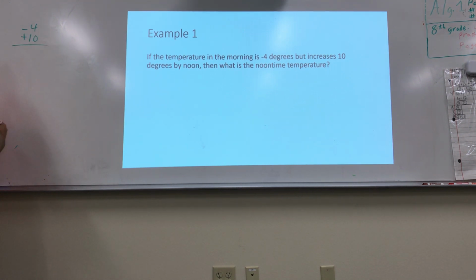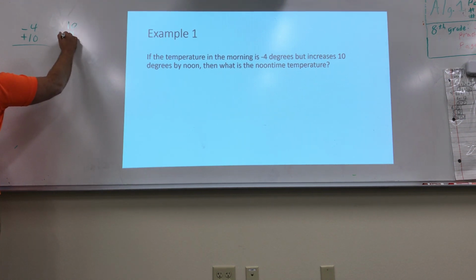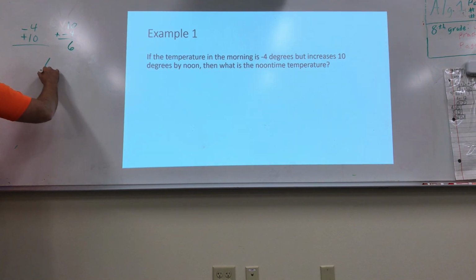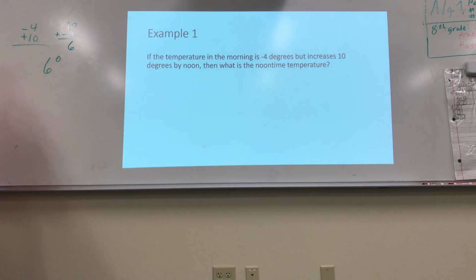When I add those two together, you could change it and go 10 minus 4, or you could add a -4, same thing, and you get 6. So at noon, your temperature will be 6 degrees. That'd be your answer for example 1.